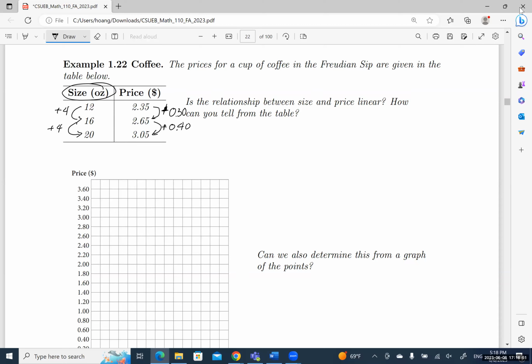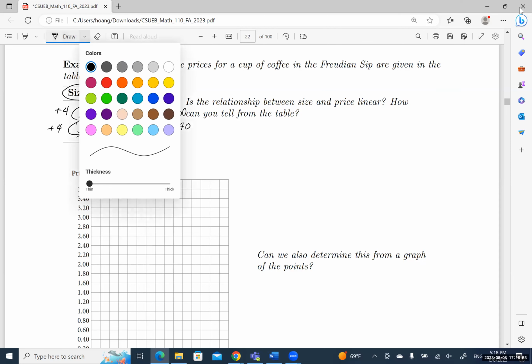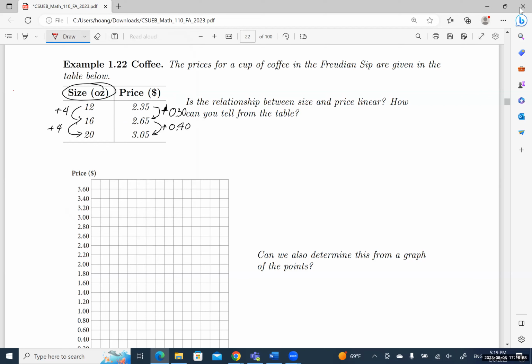So honestly, this problem does not really make sense to me. The reason is usually when you want to buy a bigger size, you should get a better price, right? So I would say this is a typo in the problem and the price needs to change to be better.